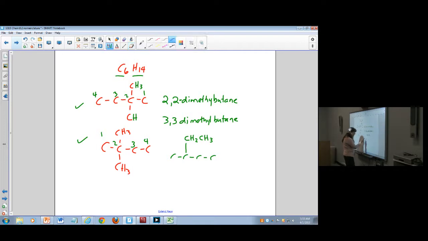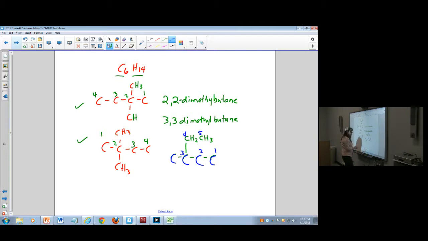I have to count my carbons in such a way that I can find the longest continuous chain. And so I might count 1, 2, 3, 4, 5.